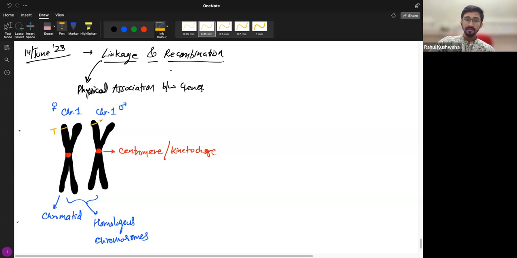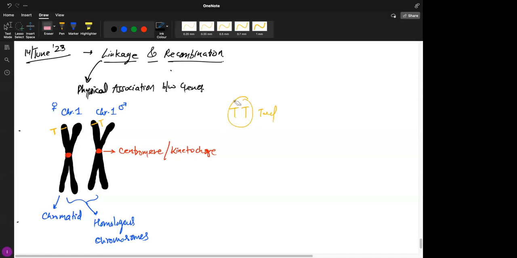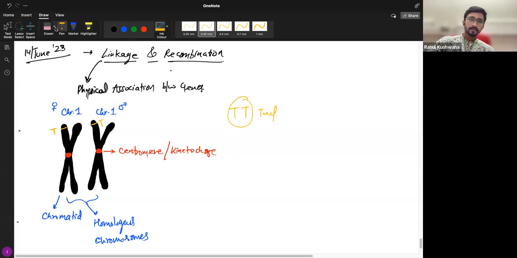If it contains the same allele, then this plant will be capital T, and it will be homozygous tall. Make sense? Yes, sir. It is also possible that the other chromosome contains the other allele. In this case, what will the plant be?